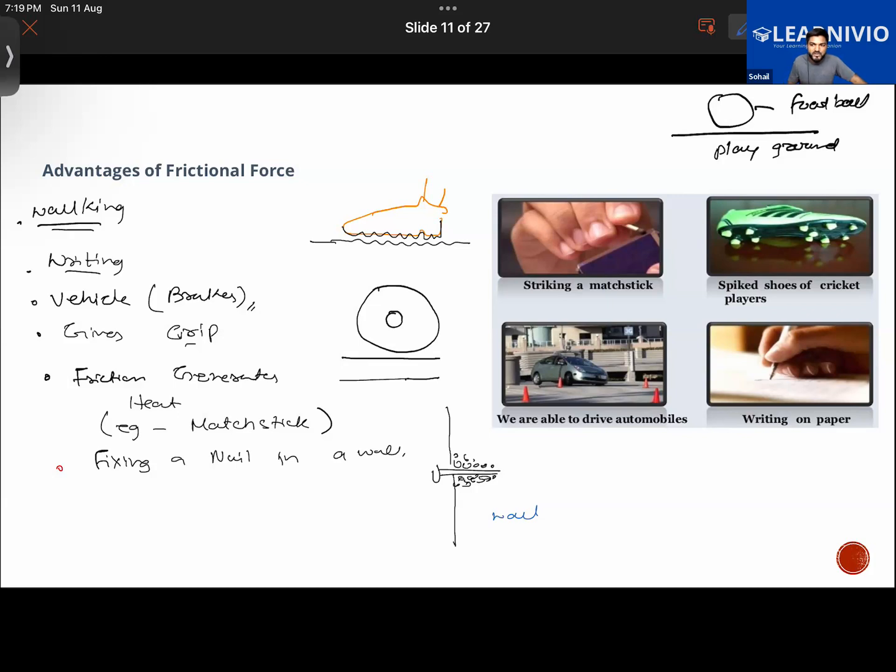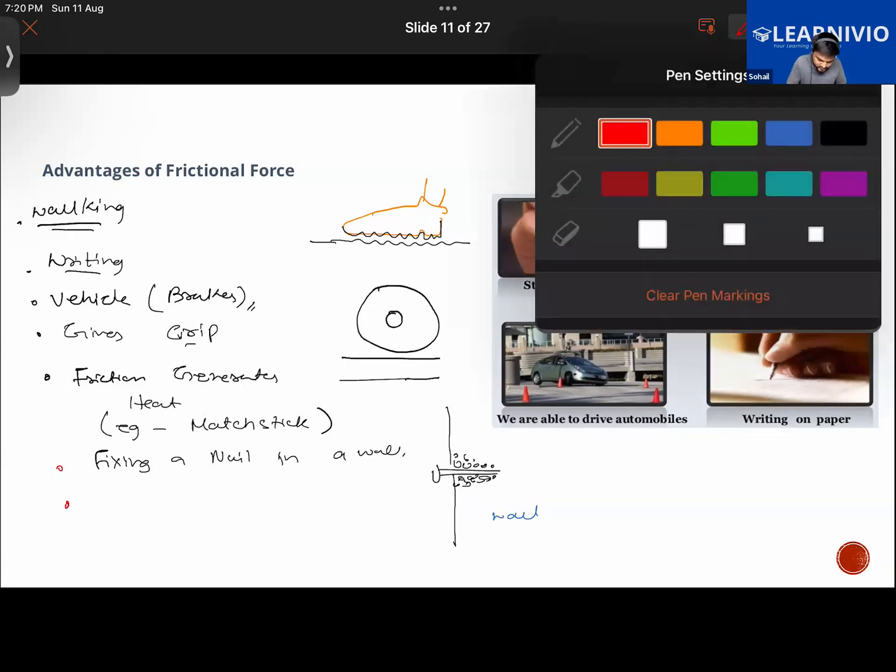Will we be able to construct buildings without the frictional force? No. Getting it now? It's not like there are people holding on to the walls of the building and stabilizing it. The building stands on its own once it has been constructed.